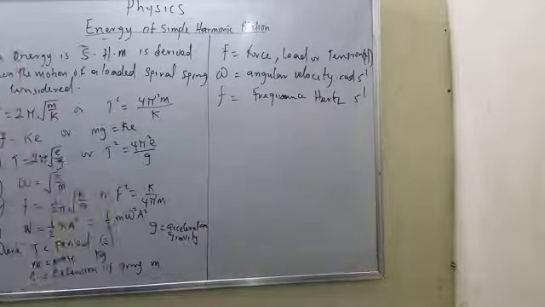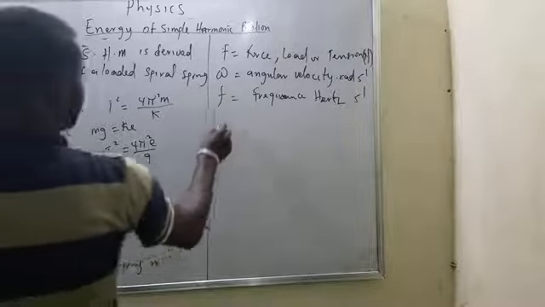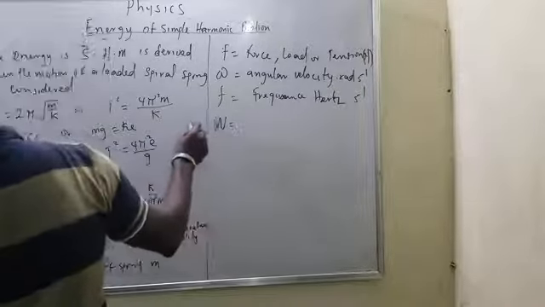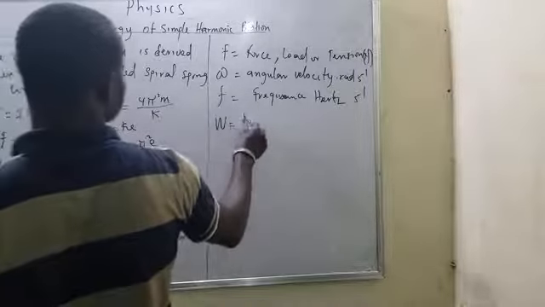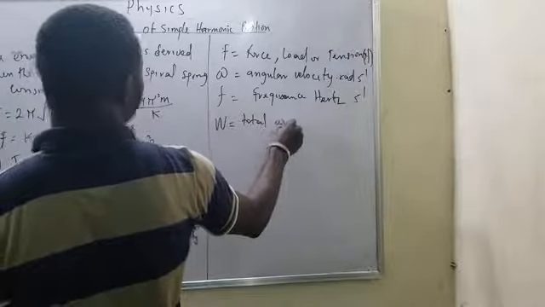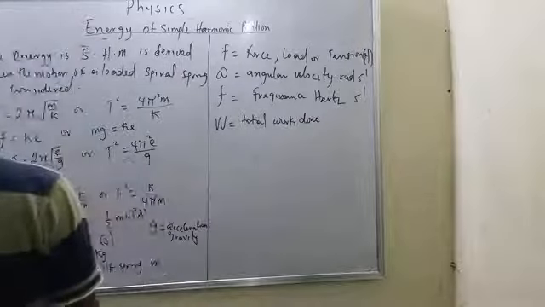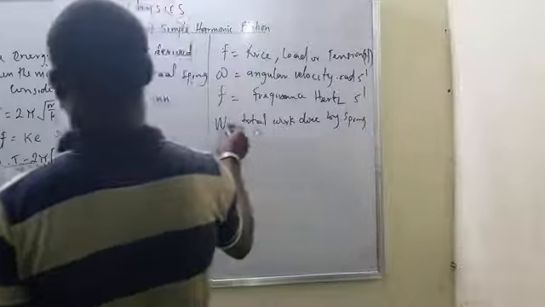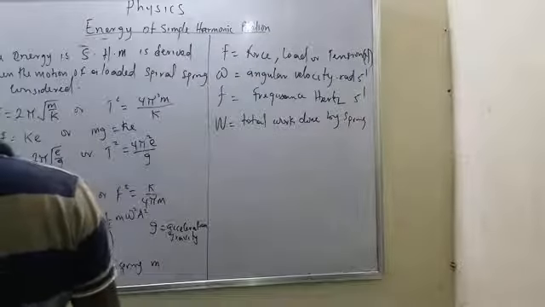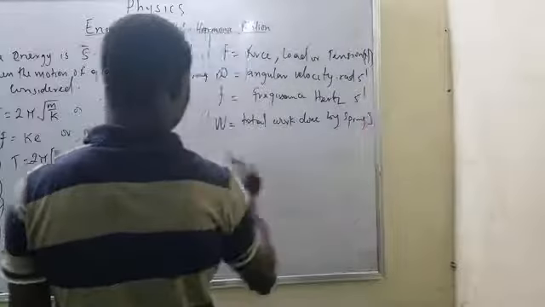What again is there? Okay, we have our W, which is known as total work done by the spring, or energy, which is always in joule.